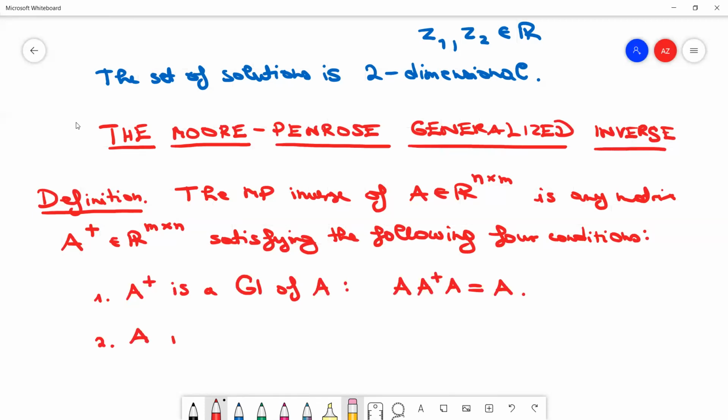So A is a generalized inverse of A plus. So this means that we can switch A plus and A in this first condition, and we get A plus A A plus is equal to A plus.